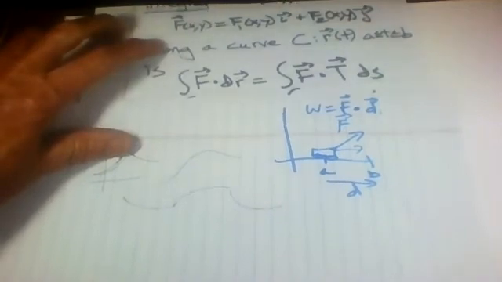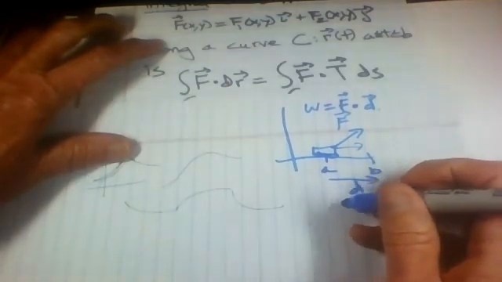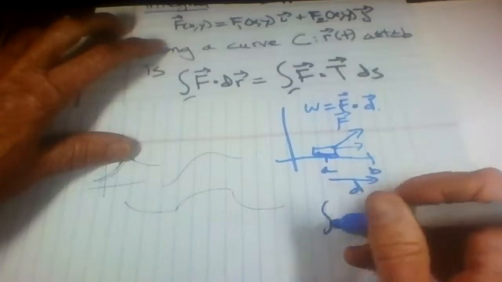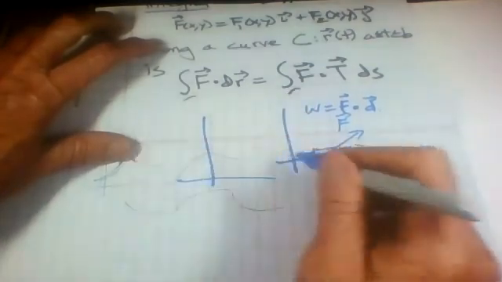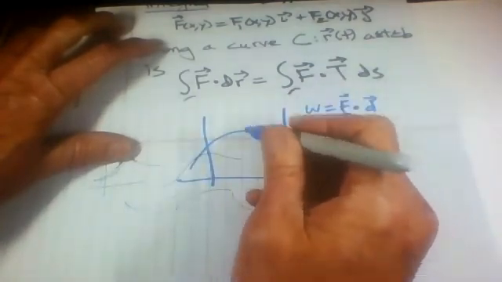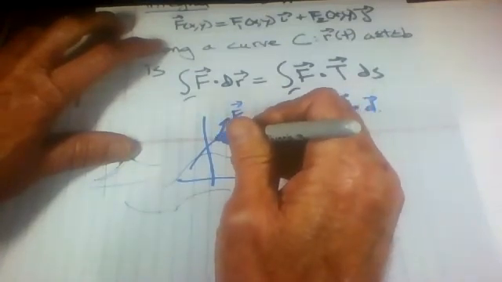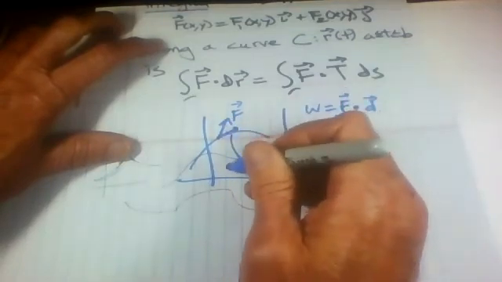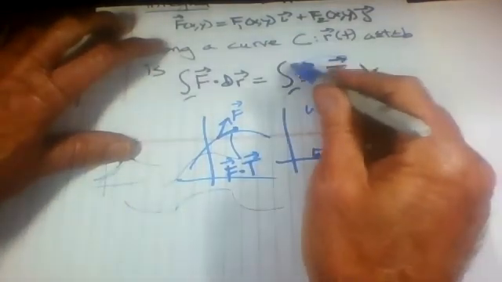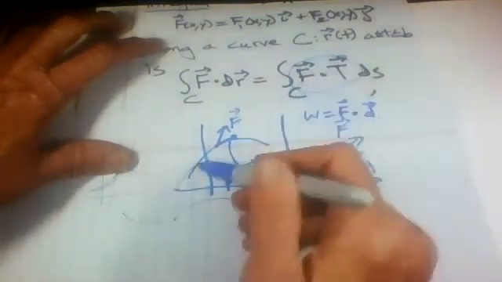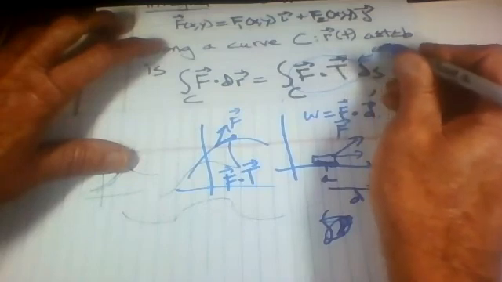Then, if you've got a variable force, you have to rewrite this as an integral. If you have a curved path that you move along, what you want to do is take your force at this point, and take the component of force in the direction you're moving, and the component of force in the direction you're moving is actually f dot the unit tangent. So f dot T is the component of force along your path, and then if you integrate that along the path, that actually gives you your work.